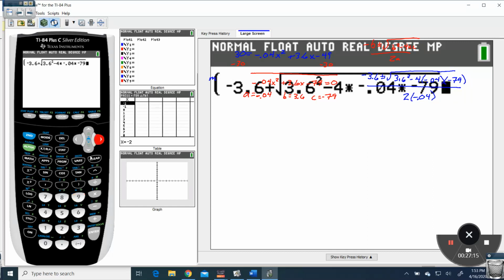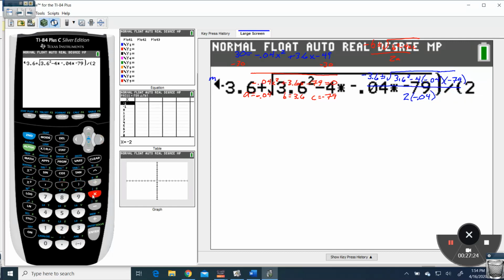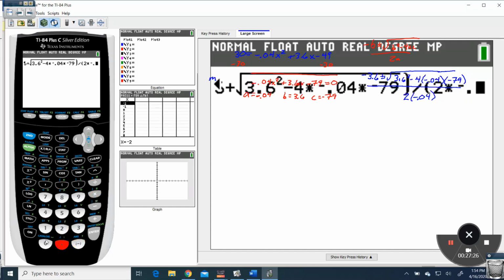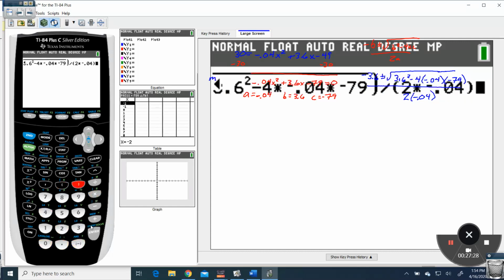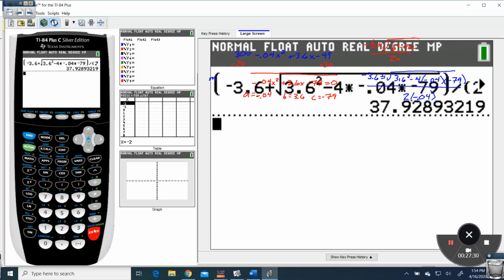Go outside of my square root, close my parentheses, divided by parentheses 2 times negative 0.04. Hit enter. And it says 37.9.